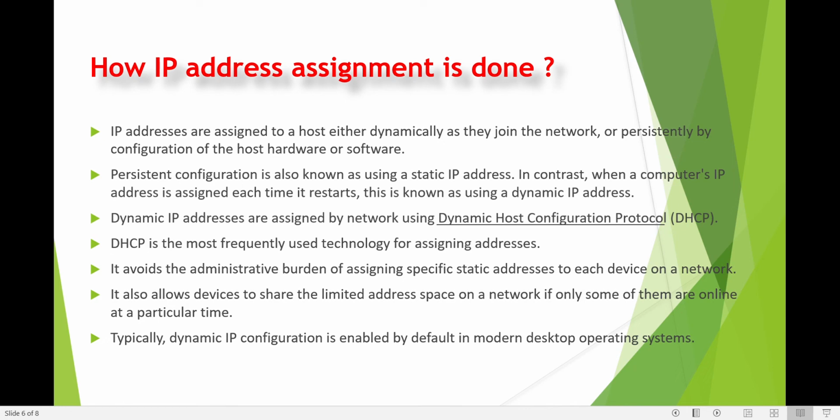Typically dynamic IP configuration is done by default in modern desktop operating systems. Suppose we have multiple devices and not every device is being used at a time. So there is no point in allocating a static IP address, right? So the configuration will be done through the Dynamic Host Configuration Protocol, and it will allot the IP address to the devices dynamically whenever they need to go to the internet.